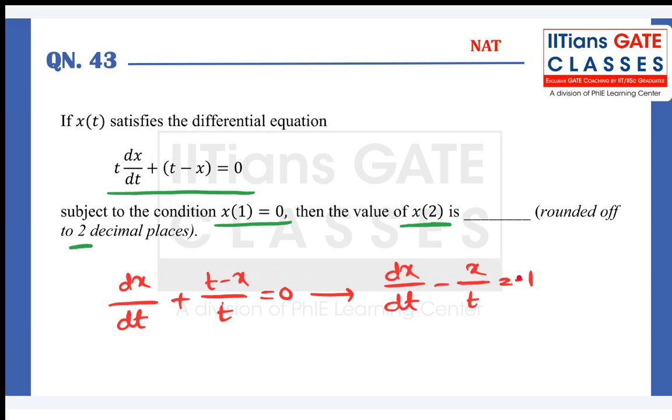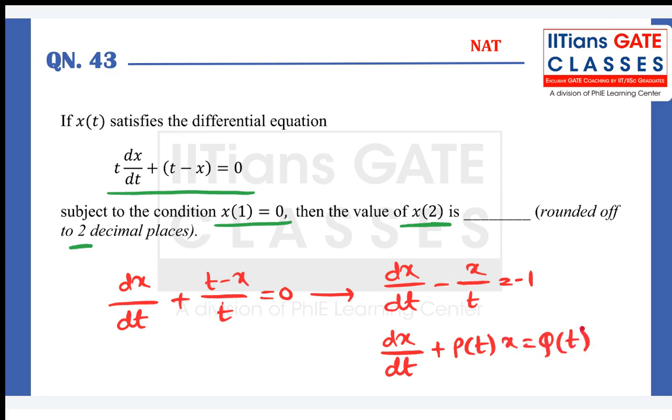And if you compare this with our standard form, where you can write dx by dt plus some function of the independent variable into x, some function of the independent variable.